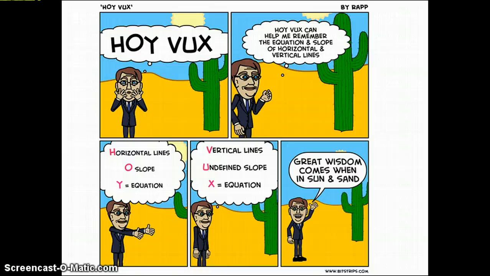HOY helps him remember that H is a horizontal line that has a zero slope, and the Y equals is our equation with no X. And for VUX, V stands for vertical line, U is our undefined slope, and X is the equation for vertical lines.